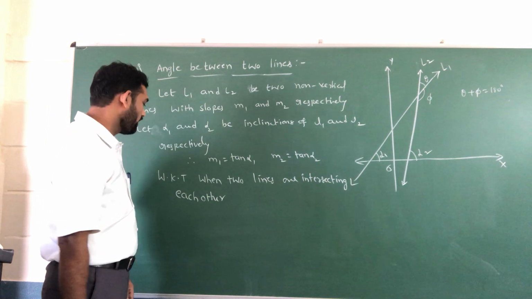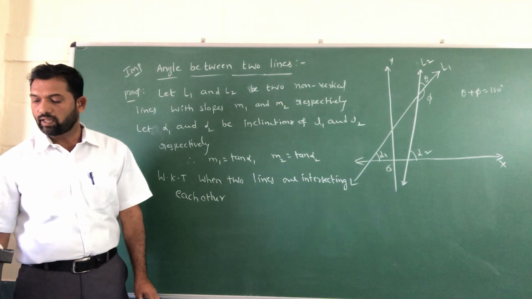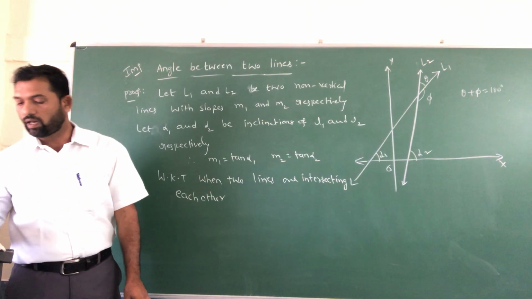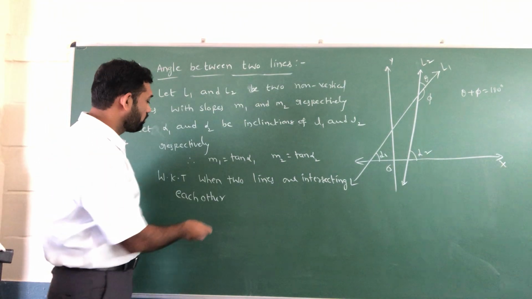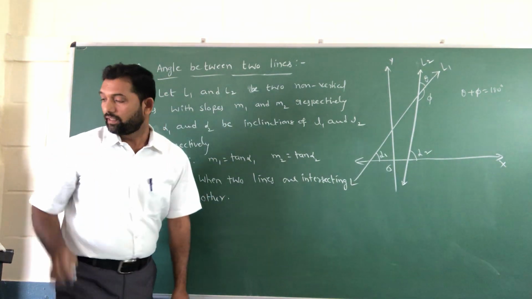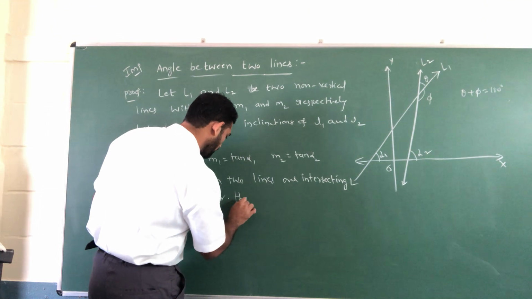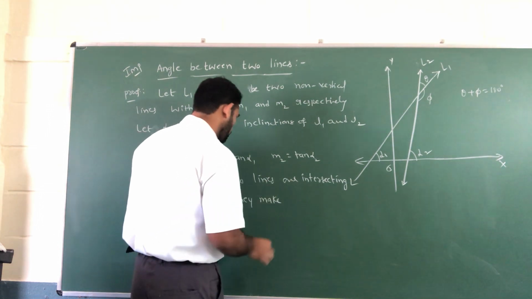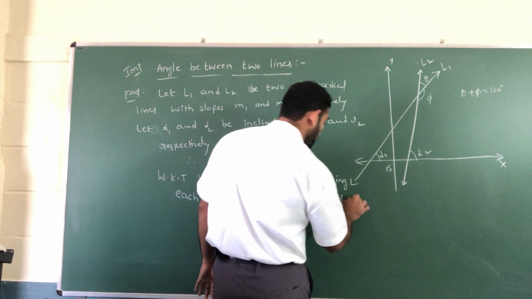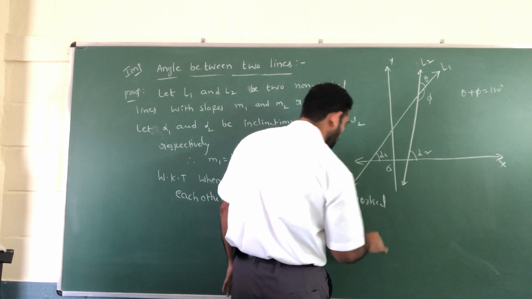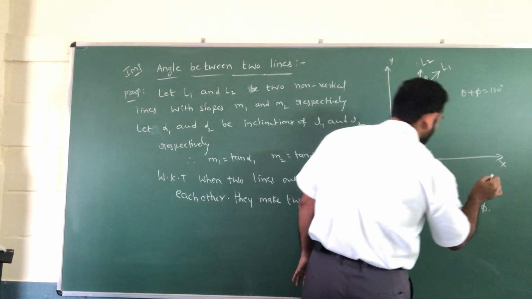Here, when two lines are intersecting each other, what happens? They make two pair of vertical opposite angles, like theta and phi.